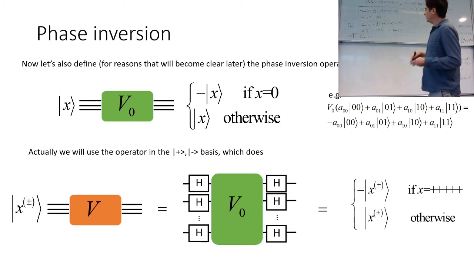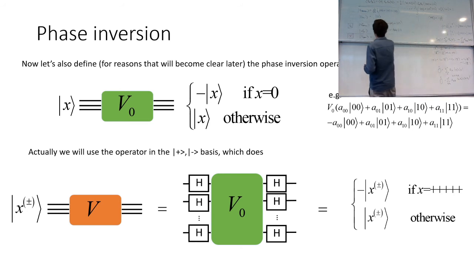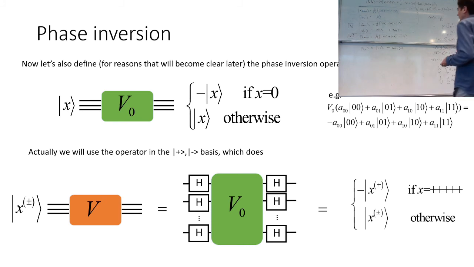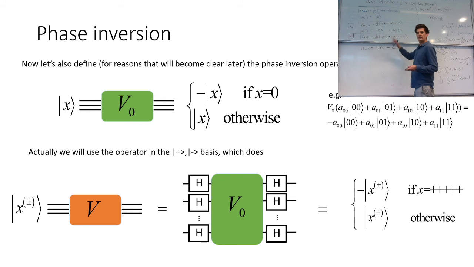For the V, it's basically the same thing, but it's rotated by this Hadamard operation. Because the Hadamard operation takes a 0 state to a plus state and a 1 state to a minus state, the V not sol states would be something like plus minus, minus plus, minus minus. And the V sol states would be just the state plus plus. And this is the state that you apply a minus 1 to. So it's basically the same thing, but you just look in the plus minus basis. Okay.